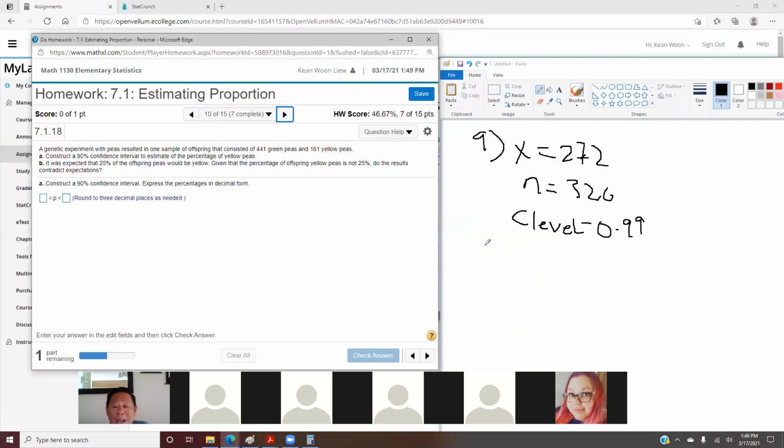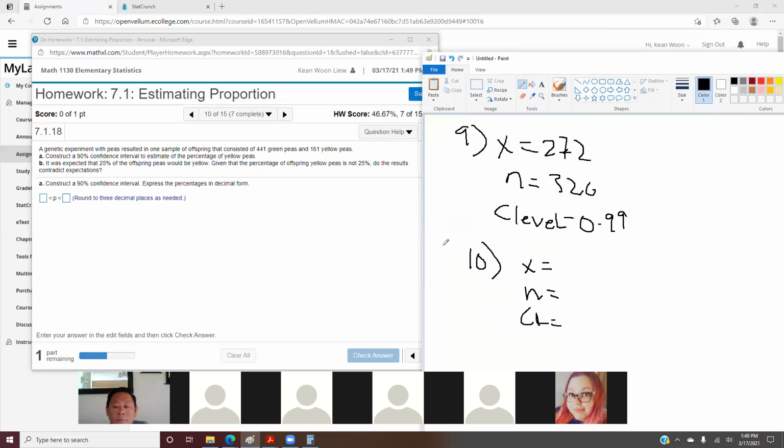How about number 10? 441 is the sample, then 161 is the success. So X is 161 because we're looking for yellow, right?